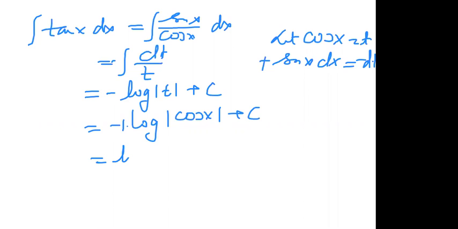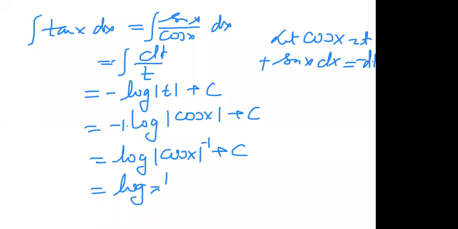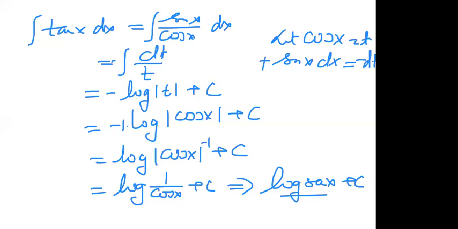So it will be log mod cos x to the power minus 1 plus c, that is log 1 upon cos x plus c, that implies log sec x plus c.